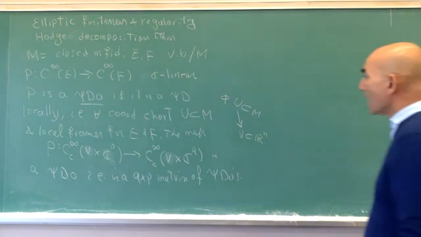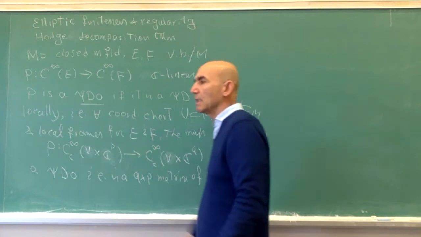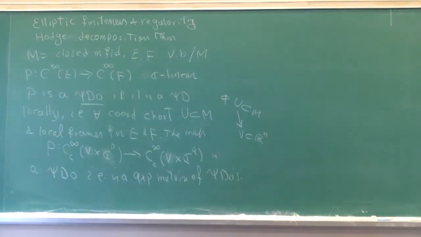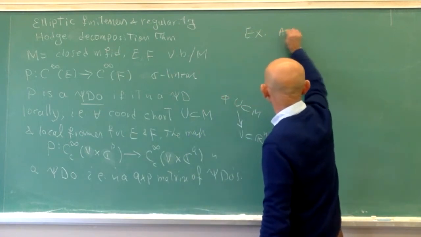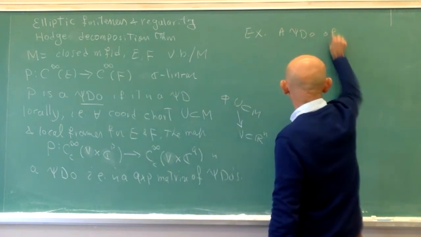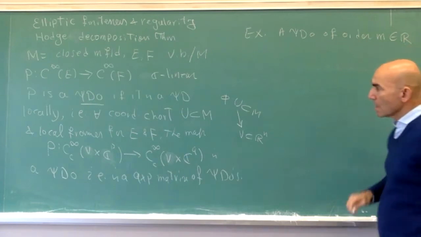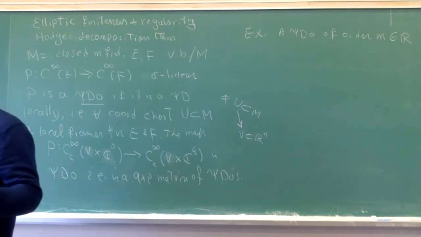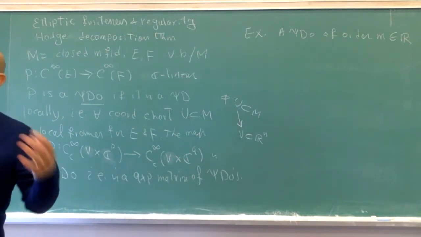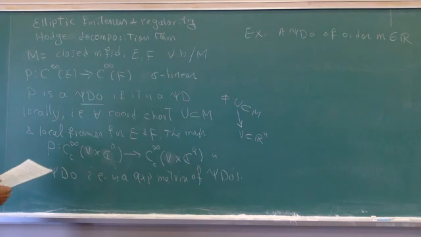So at one stage, we need the idea of pseudo of order n for any, say, real number. Let me give you an example. A pseudo of order n belonging to R. What we can do is cover this M by open sets, maybe by a finite number of open coordinate charts.